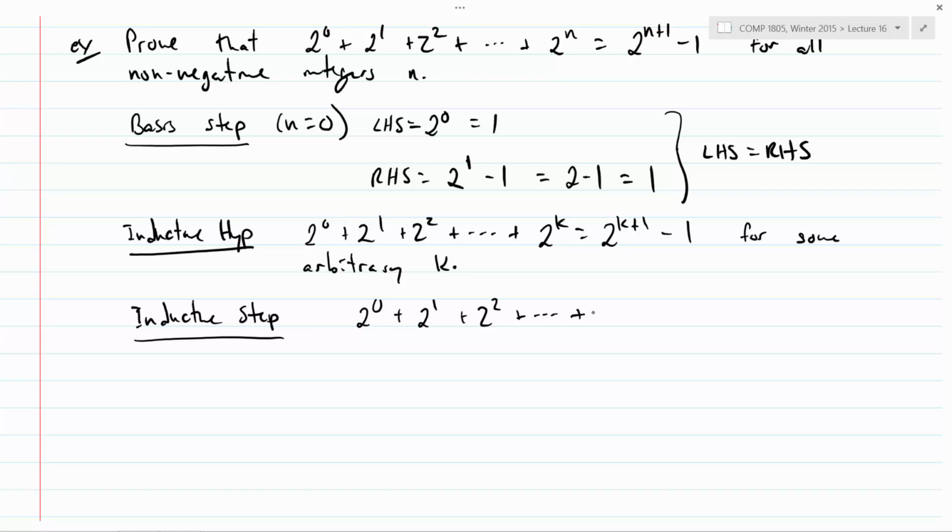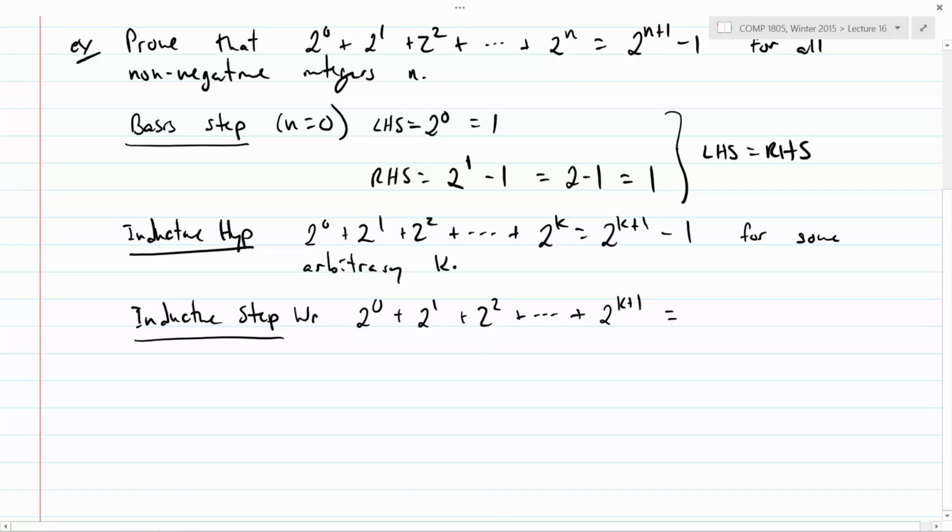What am I interested in here? Right, I want to go all the way up to 2 to the k plus 1. I'm assuming that the sum of the first k plus 1 powers of 2 is something. And now I want to prove that the sum of the first k plus 2 powers of 2, including 0, is something. So that's the left-hand side.